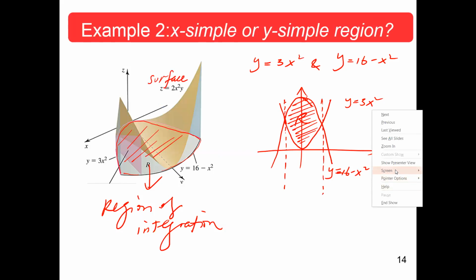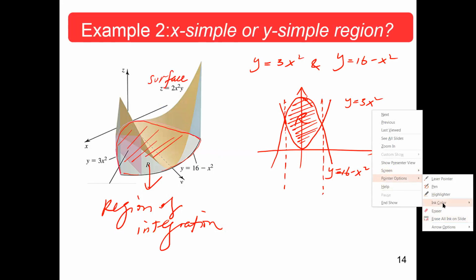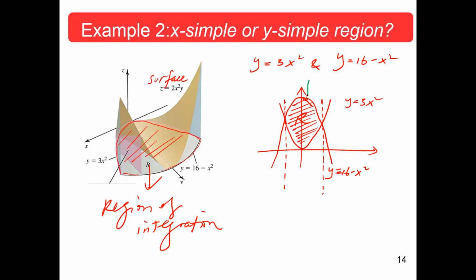And at the same time, I would be able to draw an arrow that intersects this region from bottom to top for the y. This will be the first function that intersects. This will be the second function that intersects. So this would be a y simple region. Make sense? All right, next slide.